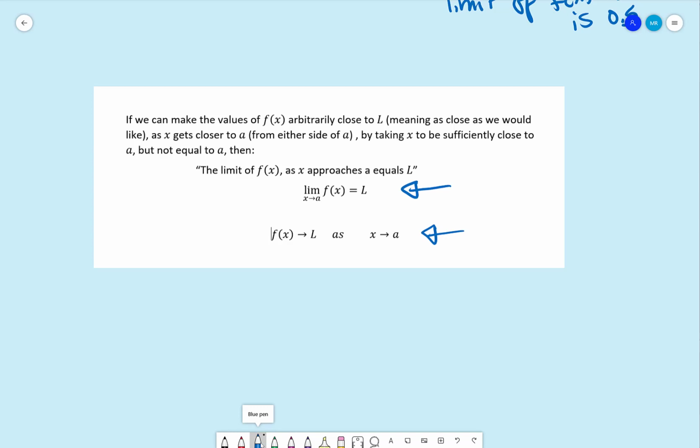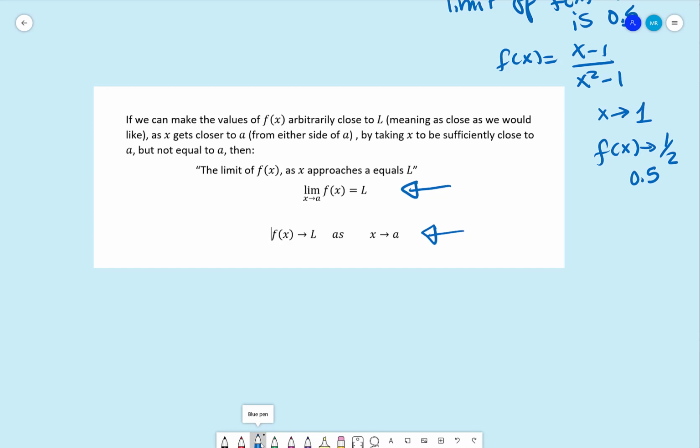Let's look at this definition a little bit more closely, and let's use our previous example, f of x equals x minus 1 divided by x squared minus 1, where we looked at the limit as x went to 1, and we saw that f of x approached half, or 0.5.